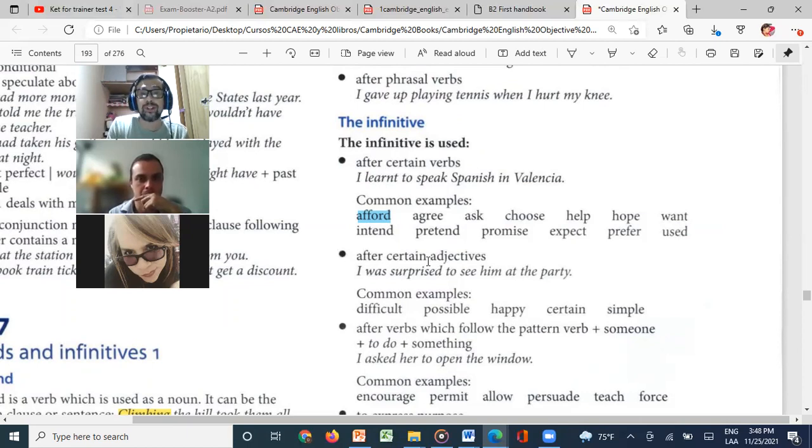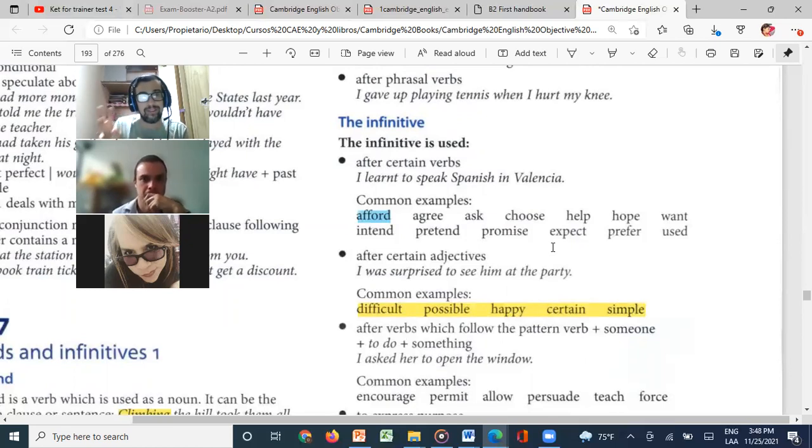Okay, and after certain adjectives also. So which adjectives do I need to use an infinitive with? Well, with these adjectives, with surprised. So you can say, I was surprised to see you, right? Or with these other adjectives, you can say, for example, it was difficult to do the practice, right?